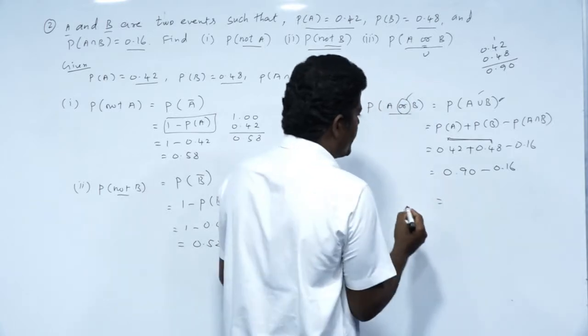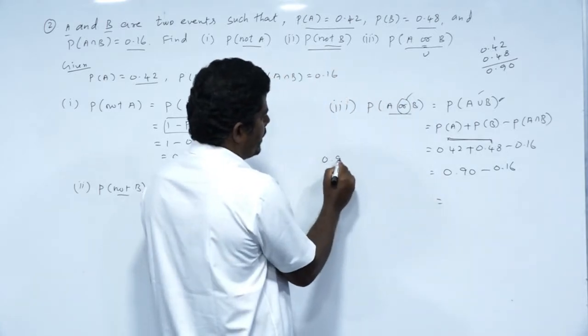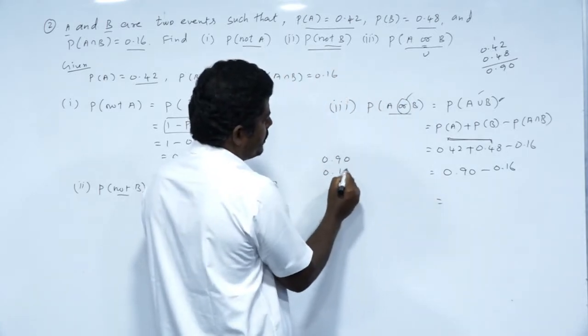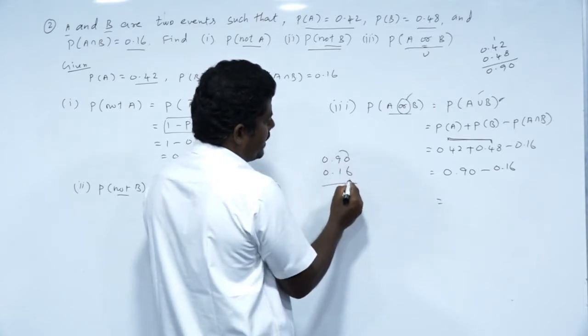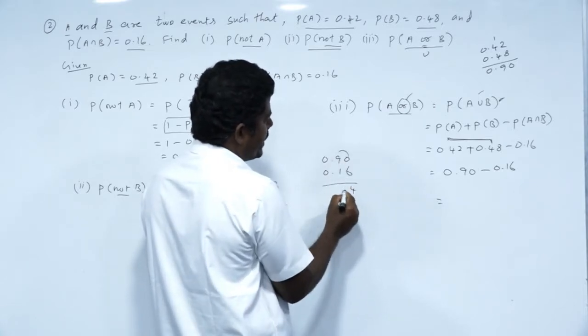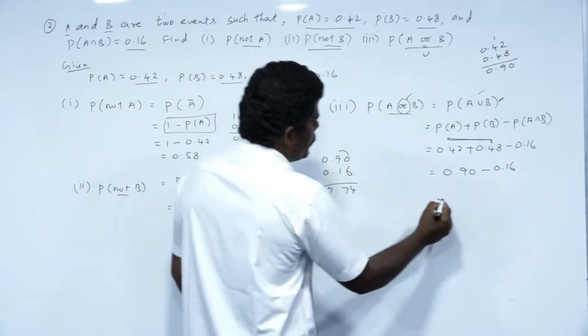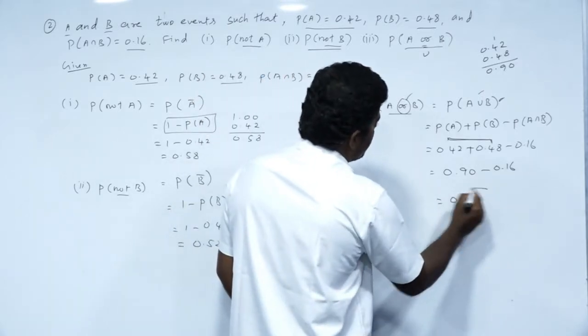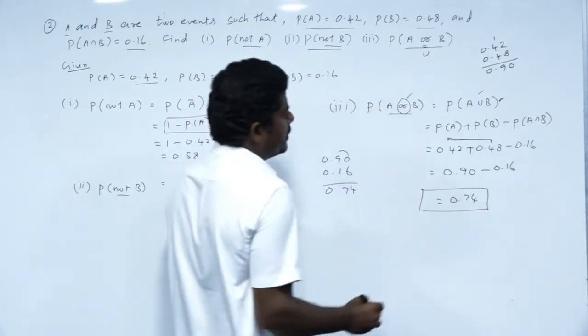Subtracting these two, 10 minus 6 is 4, and 8 minus 1 is 7, so we get 0.74. This is the answer for our third question.